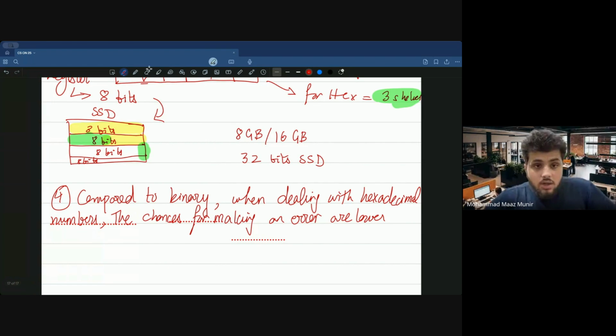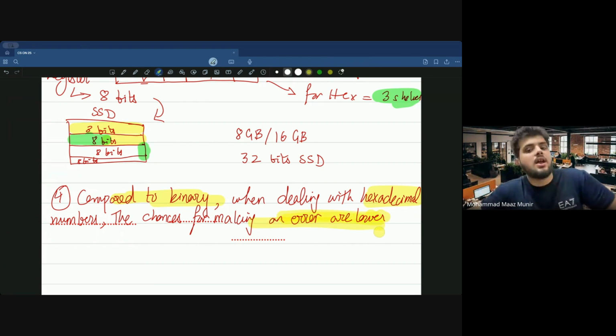When you are talking about binary, you are usually referring to large number sets, so you can make many more errors. Hexadecimal numbers are shorter in length, so the chances for making an error are way lower.